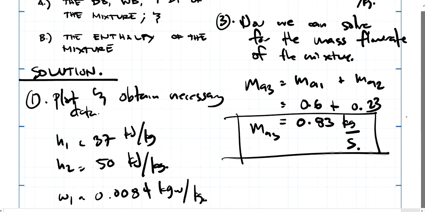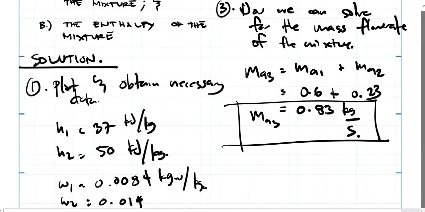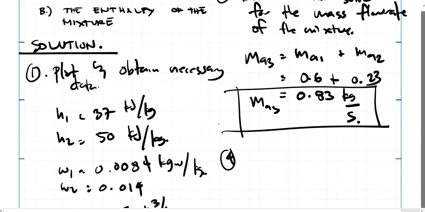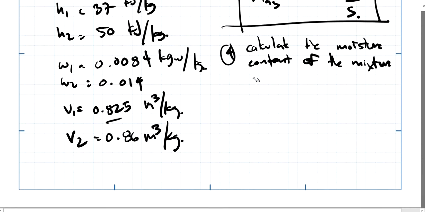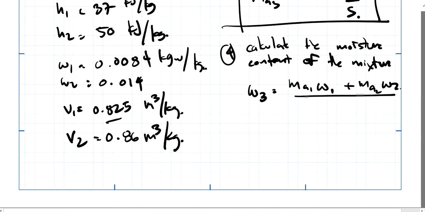Right, so next step, since we have this MA3, we can calculate the moisture content of the mixture. The equation is simply MA1 times the moisture content at 1 plus MA2 times the moisture content at 2, divided by the total mass flow rate.